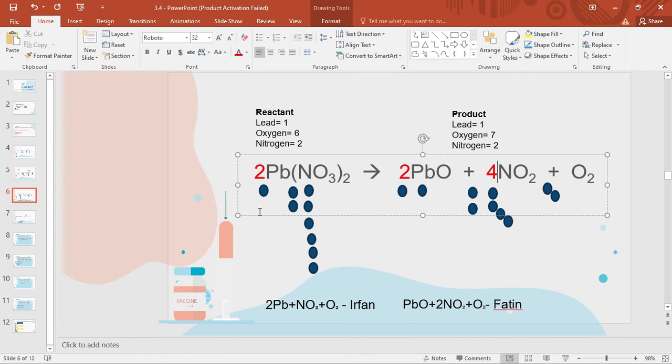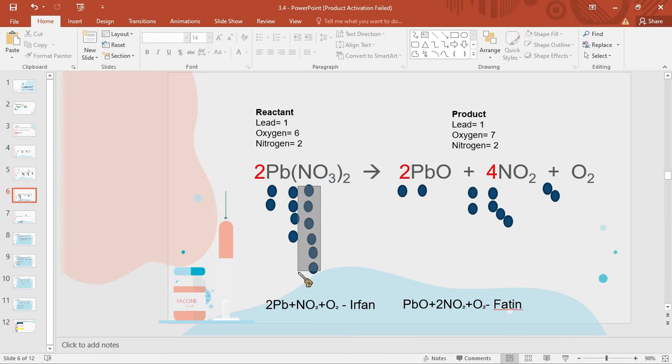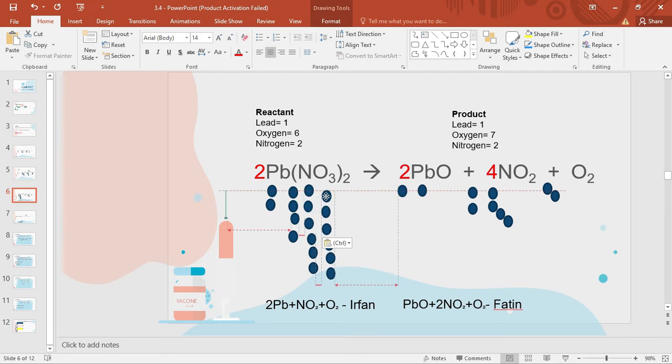Pb of course increased by 2. Nitrogen from 2 increases to 4. Oxygen from 6 increases to 12.